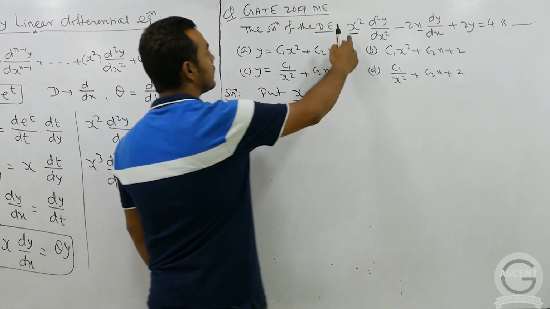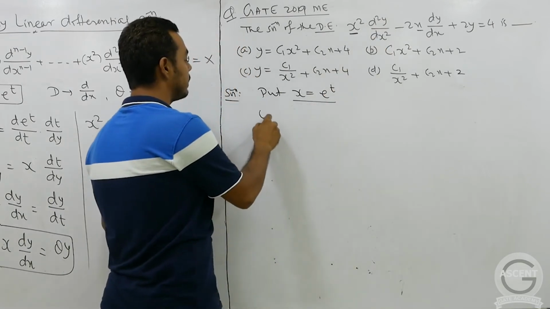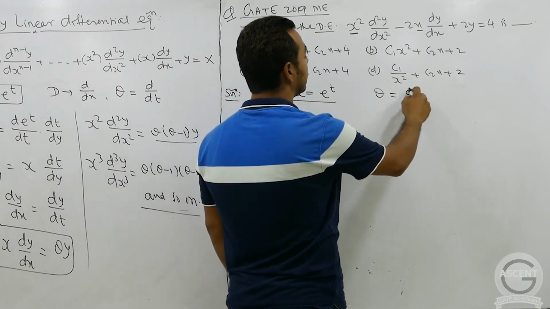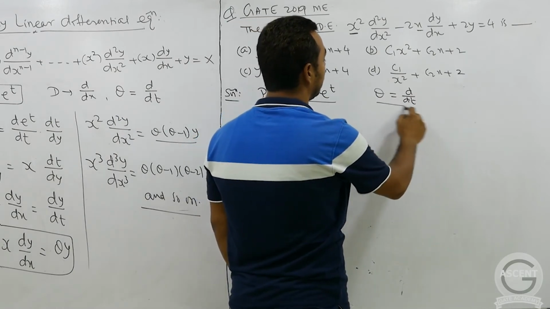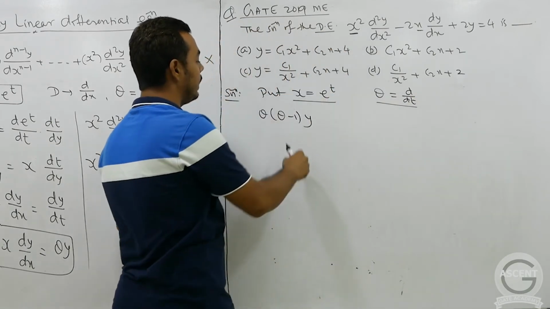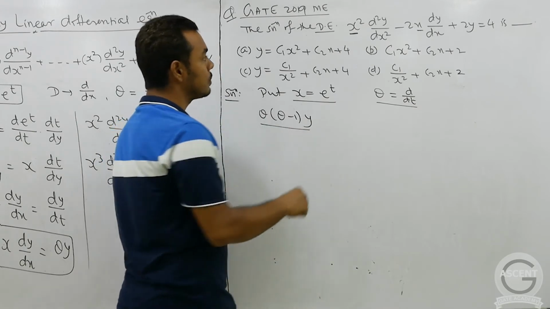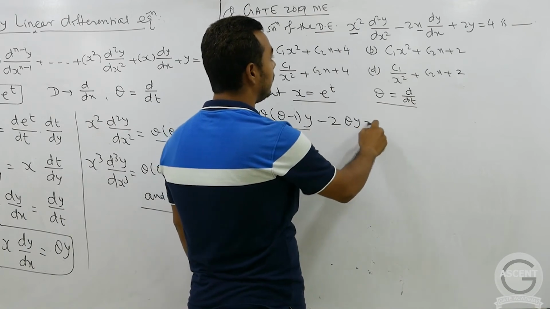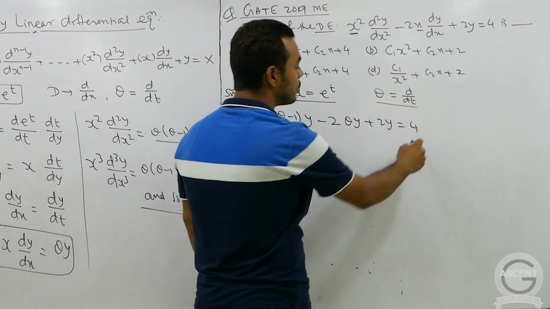So now x square d2y by dx square will become theta into theta minus 1 y. Remember that this theta is nothing but d by dt. So x square d2y by dx square will become theta, theta minus 1 y, minus 2 x dy by dx will become theta y, plus 2y equals 4.